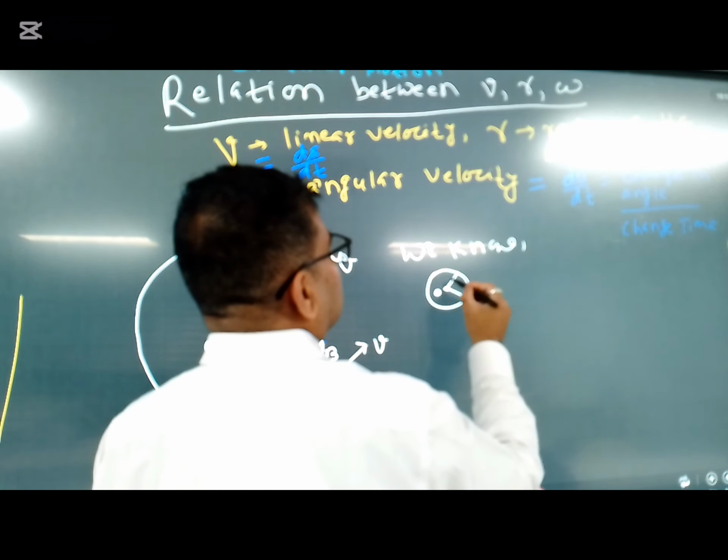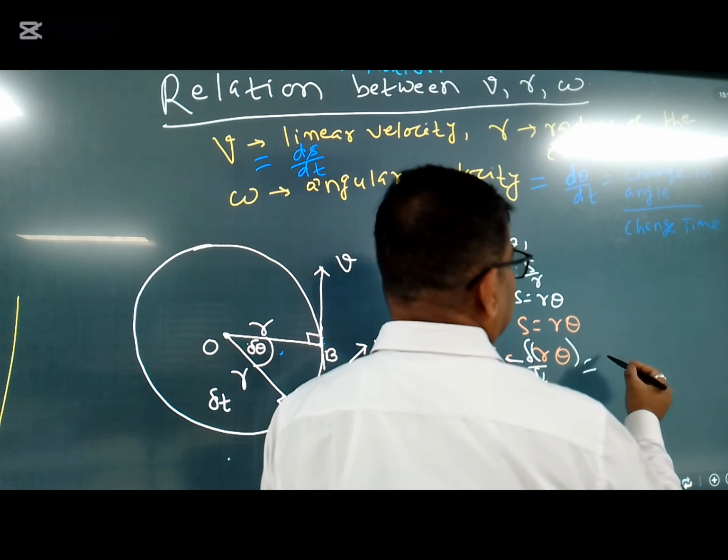So what we are doing here, we are taking delta S by delta t, and for any circle R is constant unless we make any change in the radius. So you can write here, R delta theta by delta t, because R is constant here.